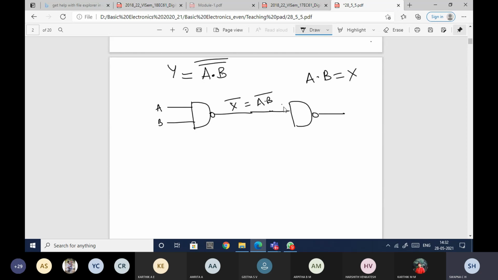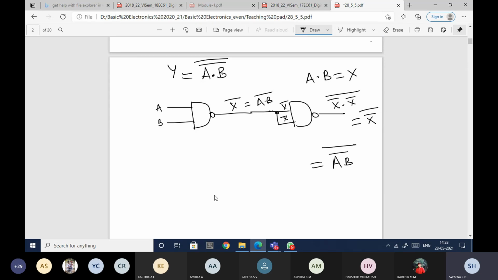One input to this NAND gate is X bar, and the other input I'll also give as X bar, so that I have X bar dot X bar whole bar. X bar dot X bar I can write as X bar once, so X bar whole complement, which is nothing but AB complement of complement.